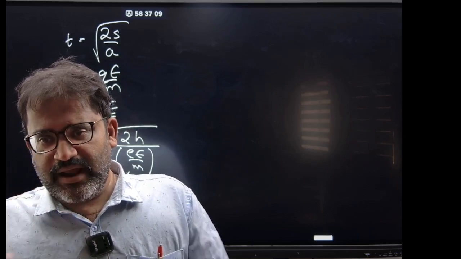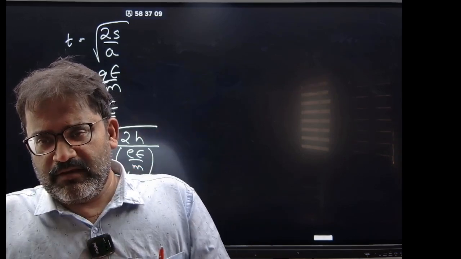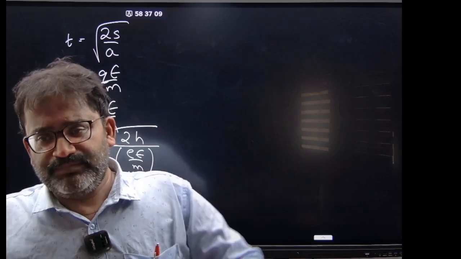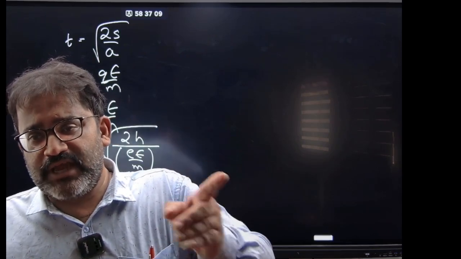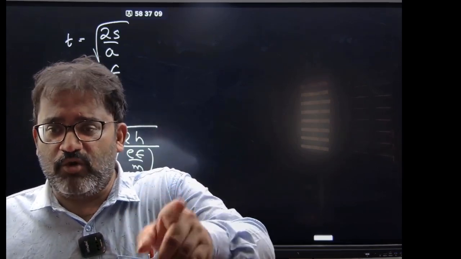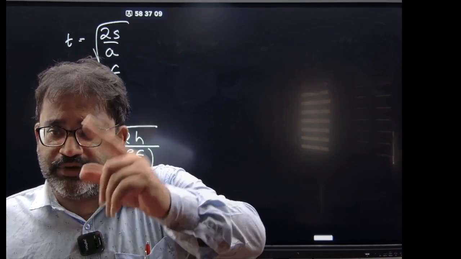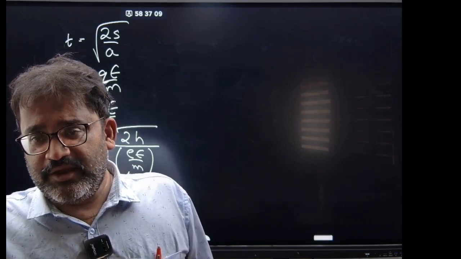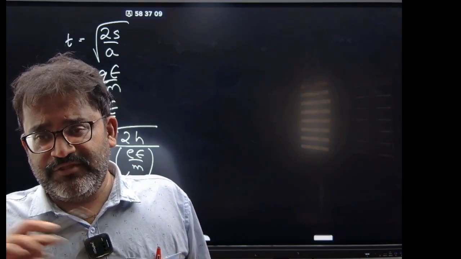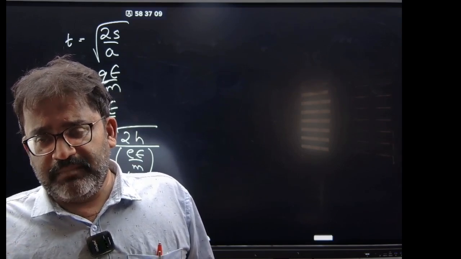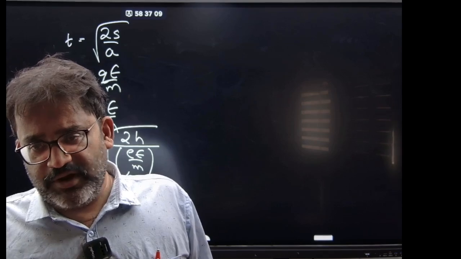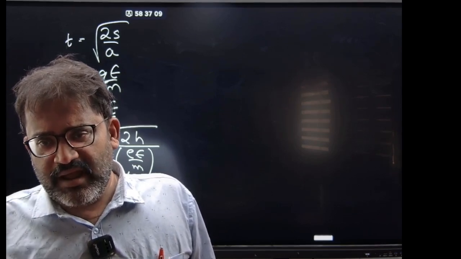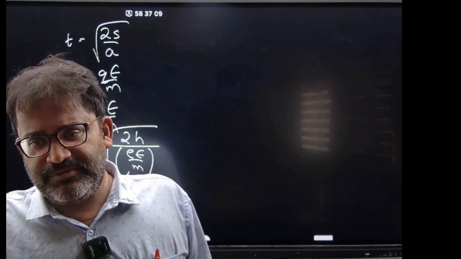Now we are keeping them in contact. When kept in contact, the charges will be distributed equally. That means Q1 dash is equal to Q2 dash, equal to Q1 plus Q2 divided by 2, that is 2 minus 8 divided by 2, minus 6 divided by 2, that means minus 3. So K into minus 3 the whole square divided by R prime square.